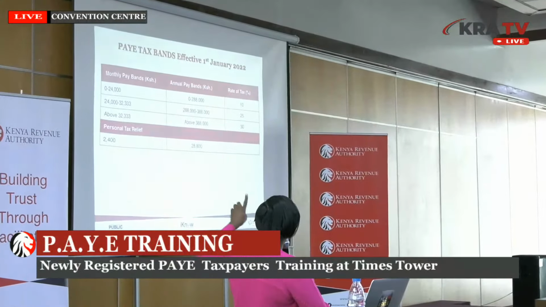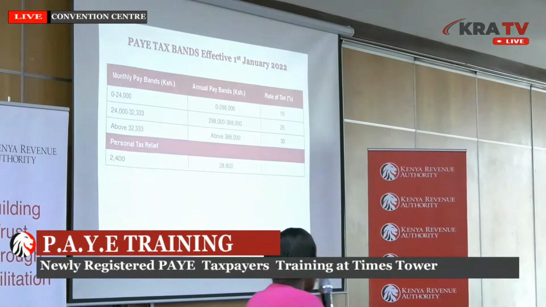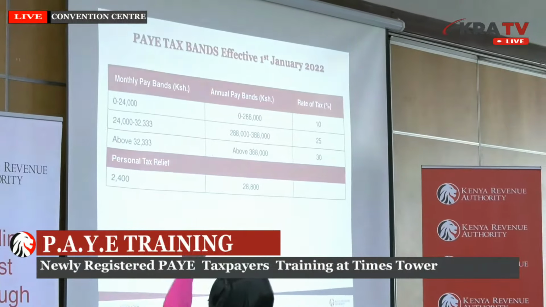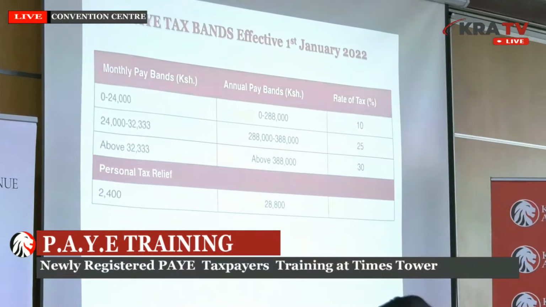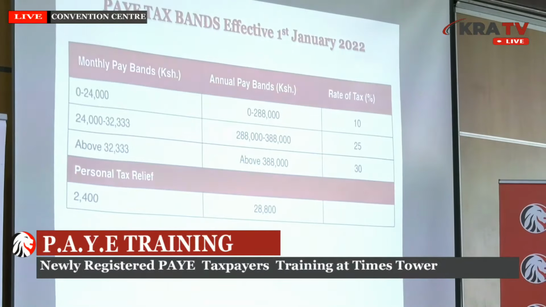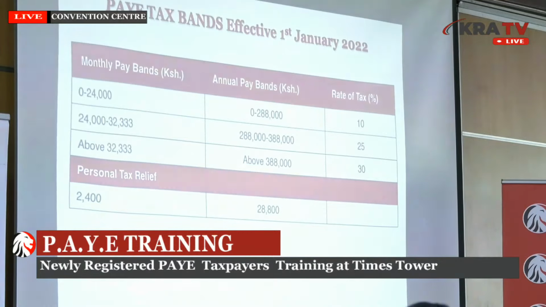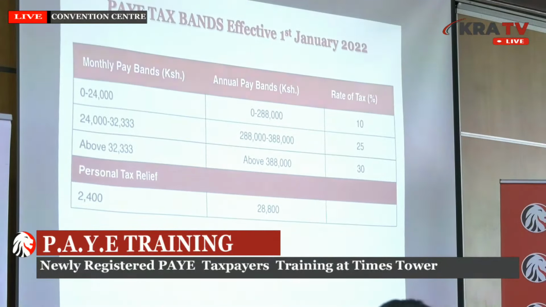You'll get 10% of 24,000, which is 2,400. The second band is from 24,000 up to 32,333. When you take 32,333 less 24,000, you'll get 8,333. That 8,333, you'll subject to tax at 25%.